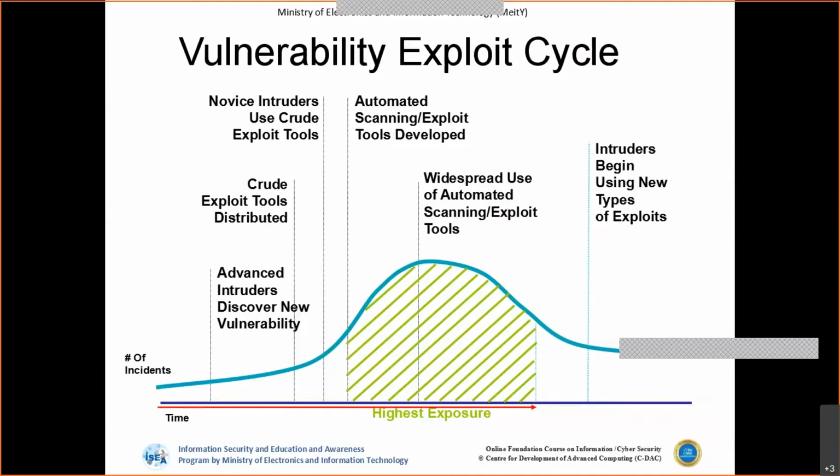And whenever there is a patch release, generally if you talk about Microsoft, these are released monthly, the Microsoft Tuesday patches. These patches will be available for the respective operating systems or from the vendors, so they have to be regularly updated whenever there is a patch release.